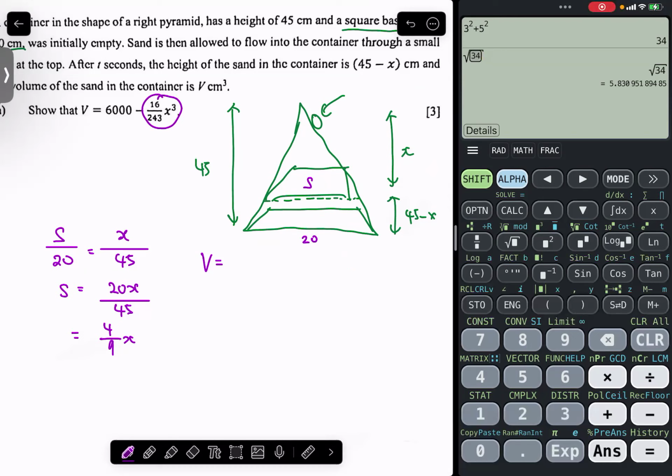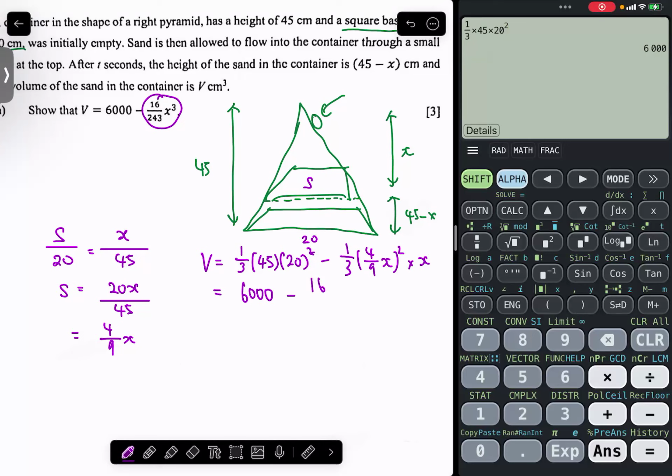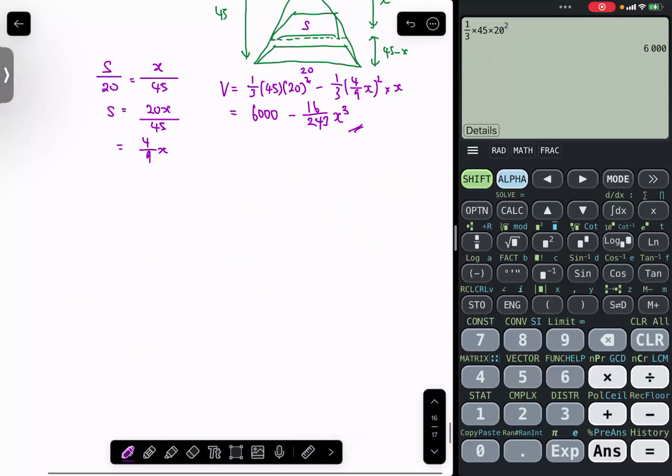The volume of everything is 1/3 times 45 times 20 squared, which is 1/3 base area times height, giving 6,000. Then minus away the small pyramid that has not been filled, which is 1/3 times 4 over 9 x squared times x, so minus 16 over 243 x cubed.